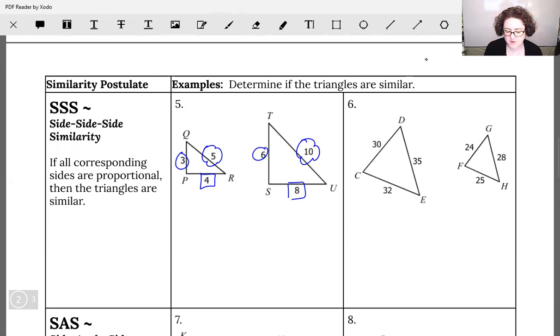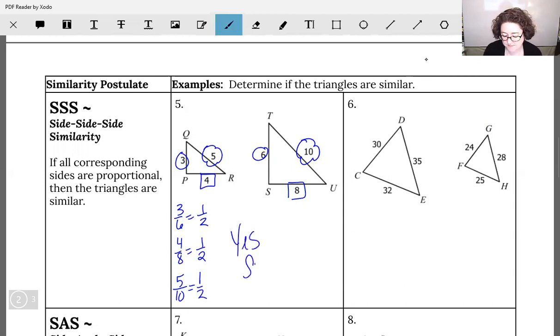We have 3 compared to 6, which divides out to 1/2. We have 4 compared to 8, same thing, simplifies to 1/2. And exactly the same thing with 5 compared to 10, 1/2. As long as all of your corresponding sides simplify down to that same value, then yes, we're similar.